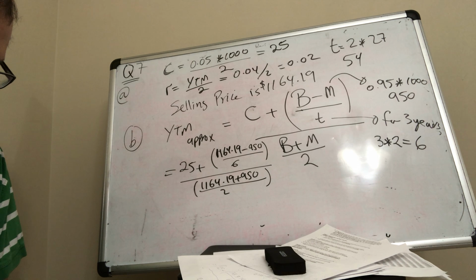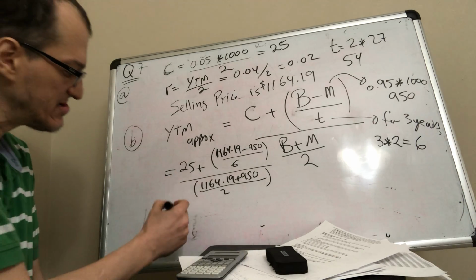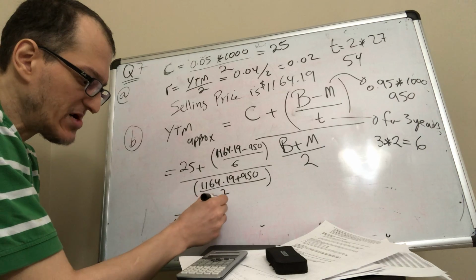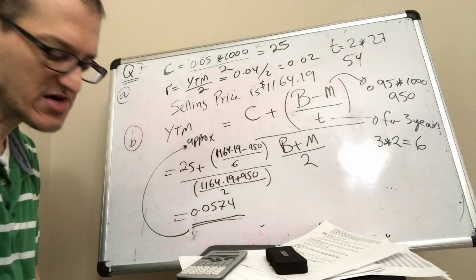I'll do it in one step, but it doesn't really matter. So it becomes 0.0574. But again, this is not the exact, this is an approximation.